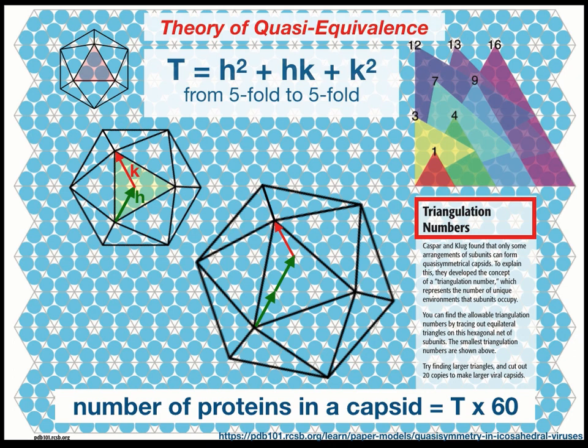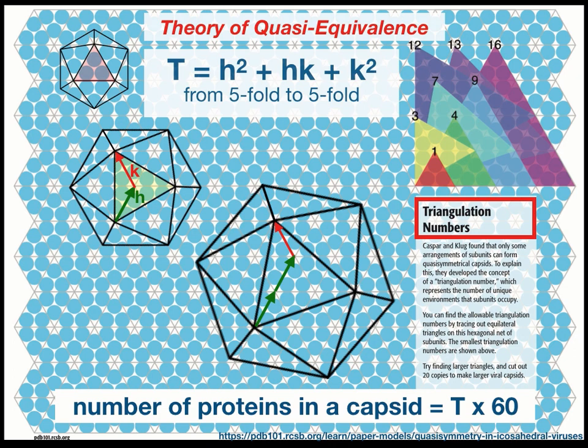So this would be 3, yeah, that makes sense. So you would fit 3 here, 3 and 3, and then 3, 9 times 20, 180, yeah, something like that. So the T number multiplied by 3 will give you how many units you have on one side, and you multiply that by 12, you get how many you have in the whole capsid.